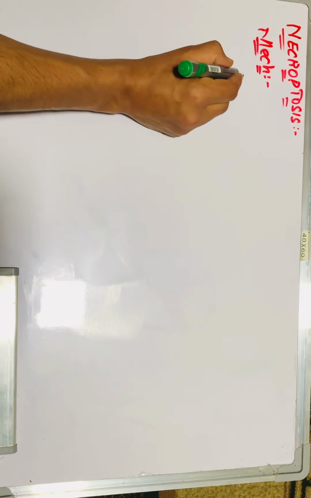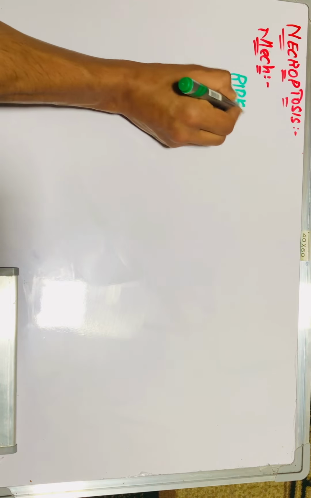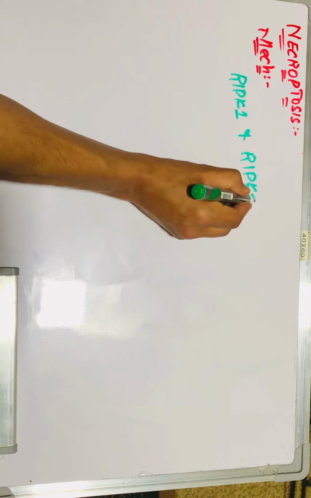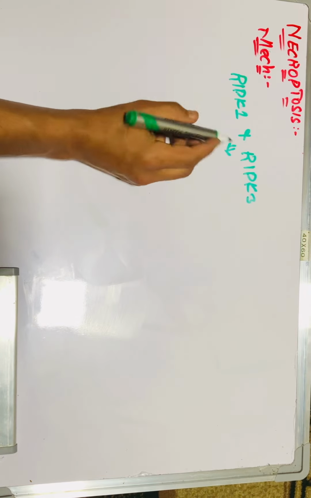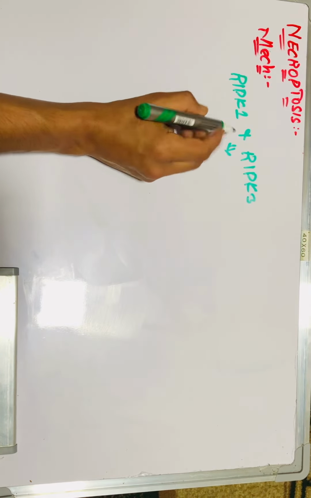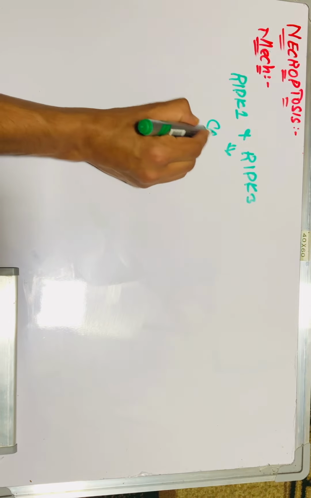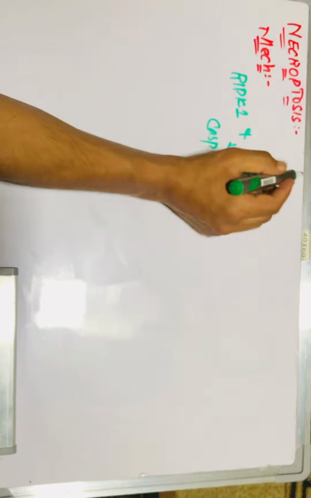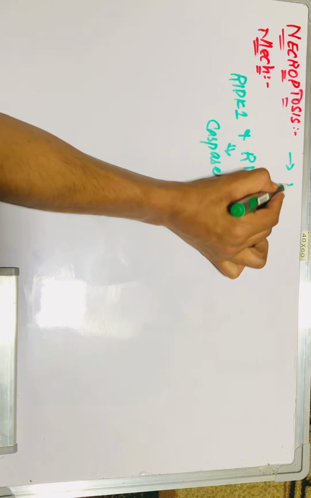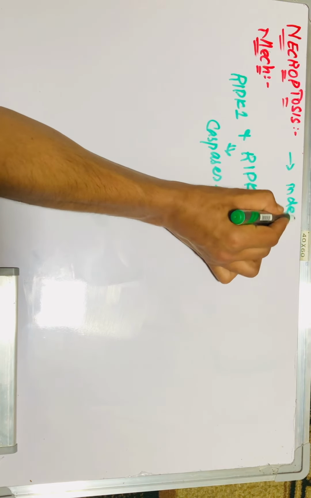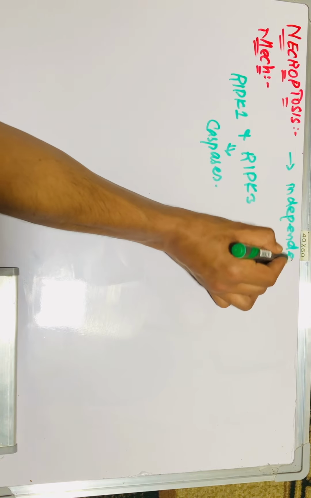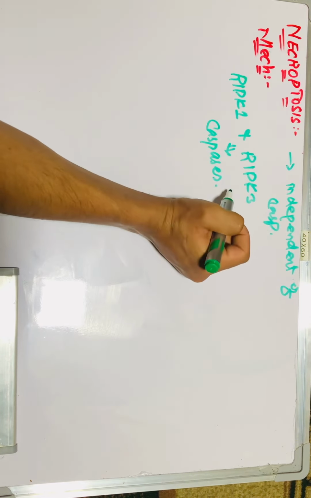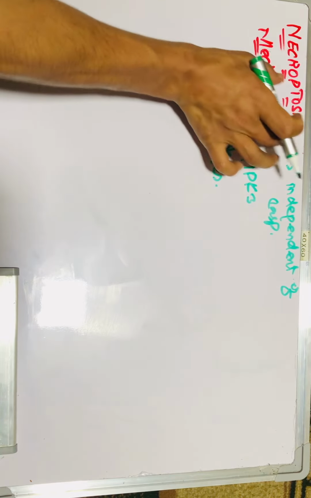So these two molecules, RIPK1 and RIPK3, are required instead of caspases, because necroptosis is independent of caspases. No caspases are involved in necroptosis.